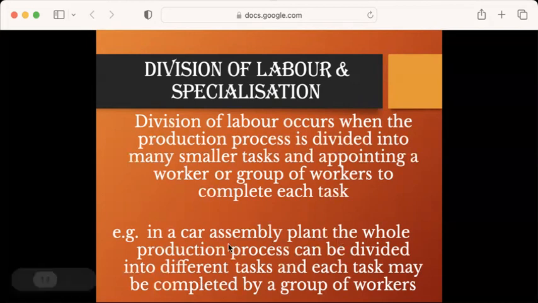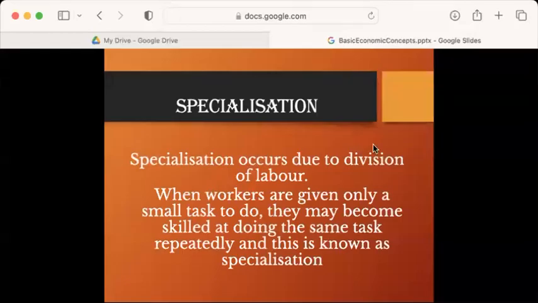Here I have given an example of a car assembly plant, where the production process is divided into smaller tasks and a worker or a group of workers completes just one task.